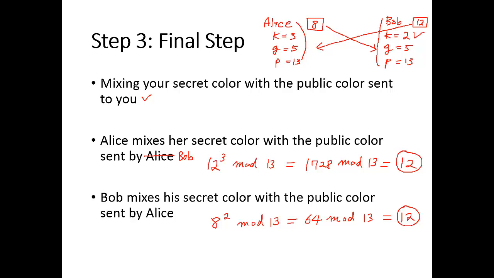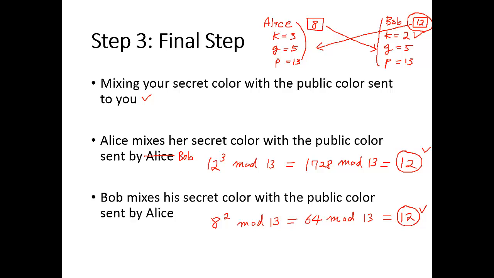The example is slightly flawed because it happens to be that what Bob came up with, his public number, happens to be the same as the secret number, so this is not really a perfect example, but still you can at least see you still have the same number at the end.